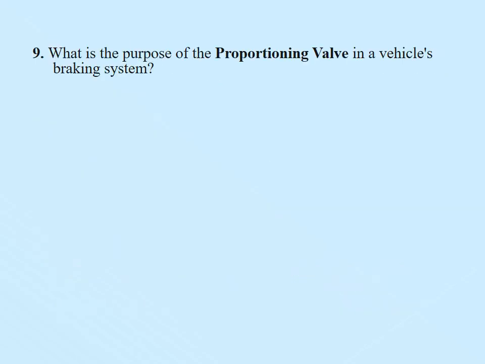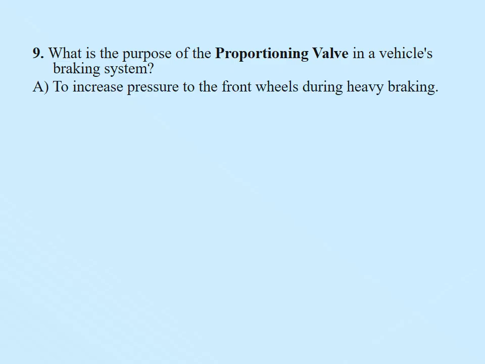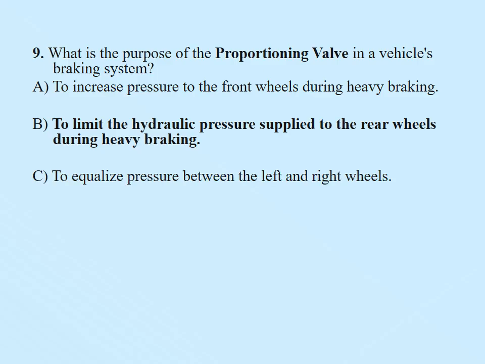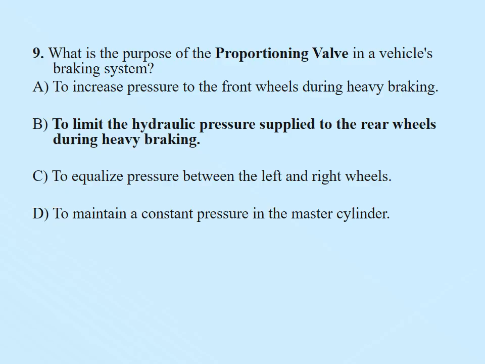What is the purpose of the proportioning valve in a vehicle's braking system? Option A, to increase pressure to the front wheels during heavy braking. B, to limit the hydraulic pressure supplied to the rear wheels during heavy braking. C, to equalize pressure between the left and right wheels. D, to maintain a constant pressure in the master cylinder.